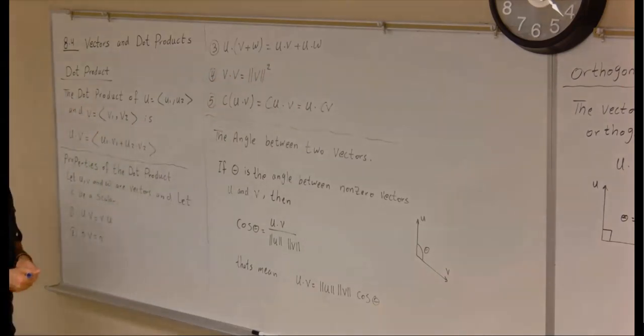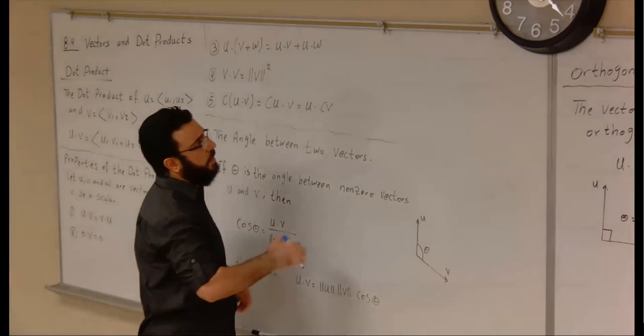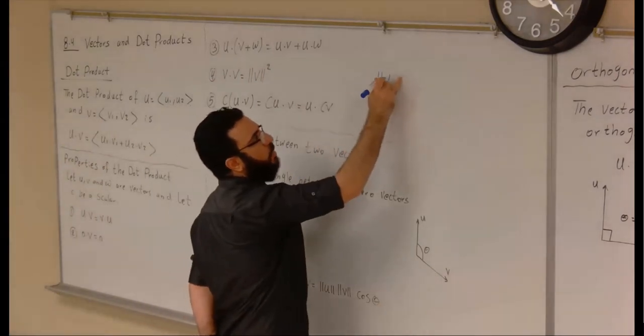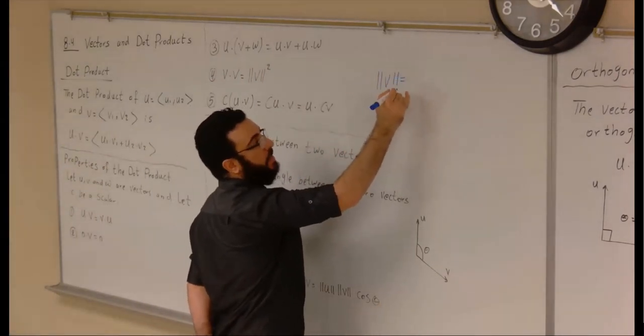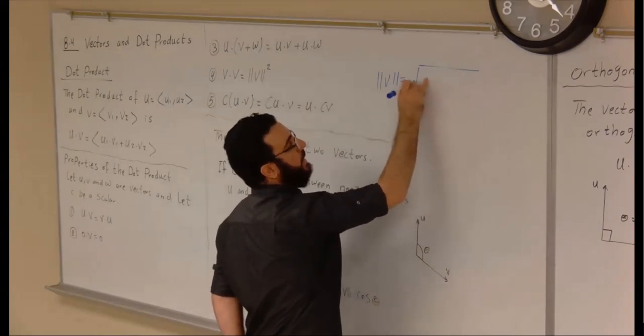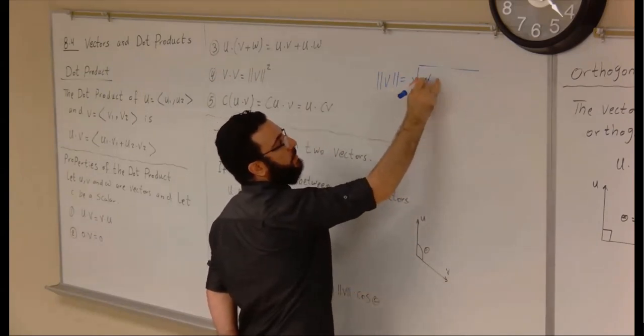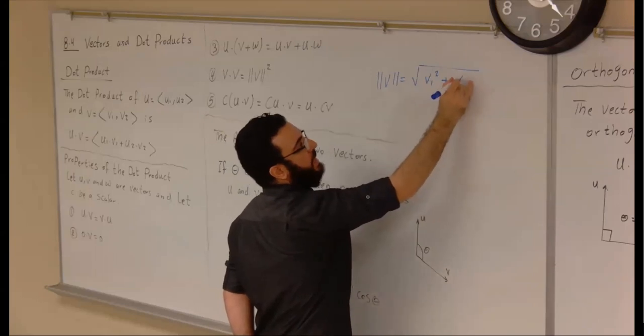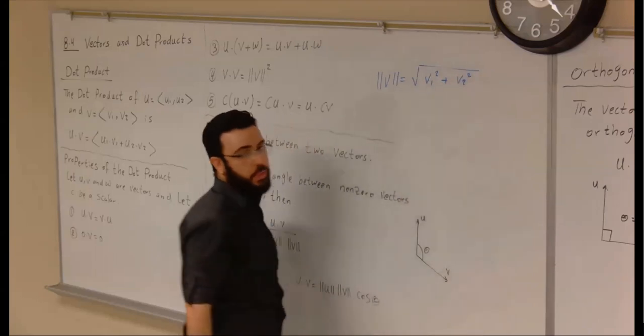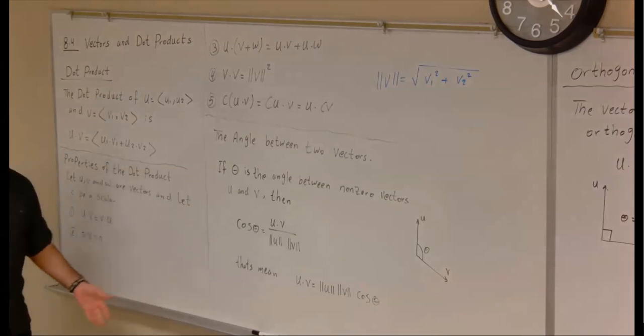If you remember before, to find the length of any vector, it's going to be the square root of the first component squared plus the second component squared. Yes or no? We need to find the length.